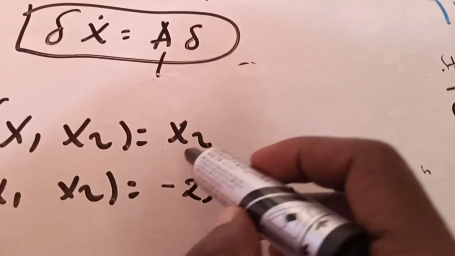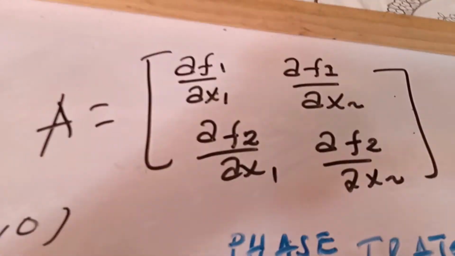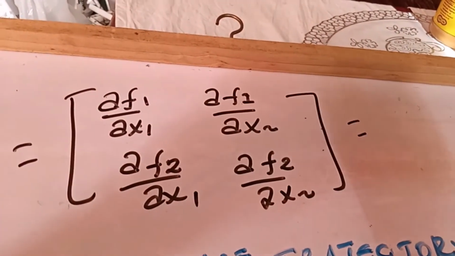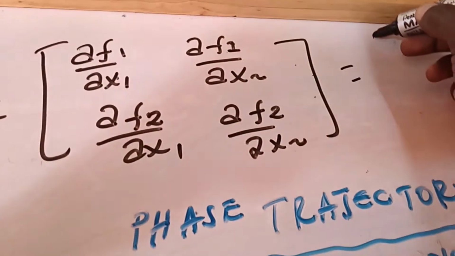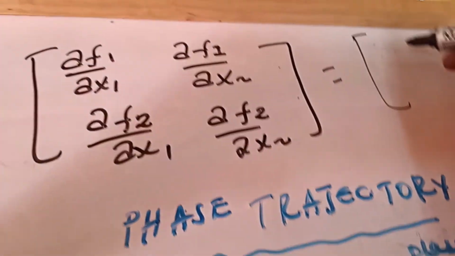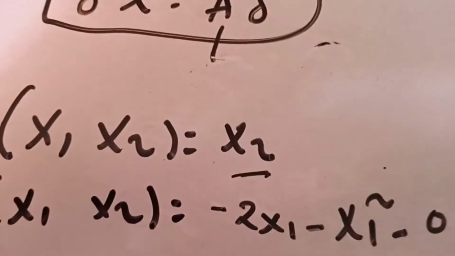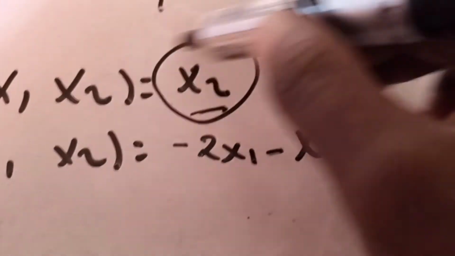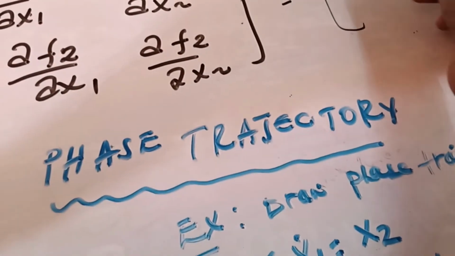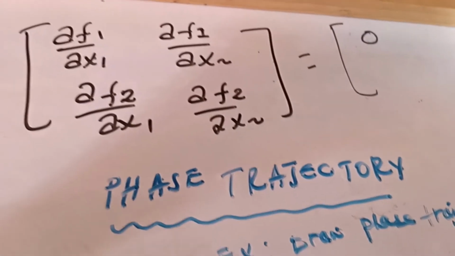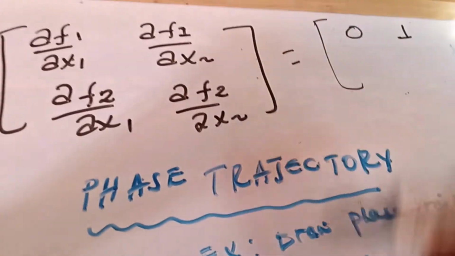So our f1 is here. We have to compute in such a way: partial of f1 with respect to x1 is 0, because we don't have x1 in this particular function. We have only x2, so this is 0. And f1 with respect to x2, you have 1 here.